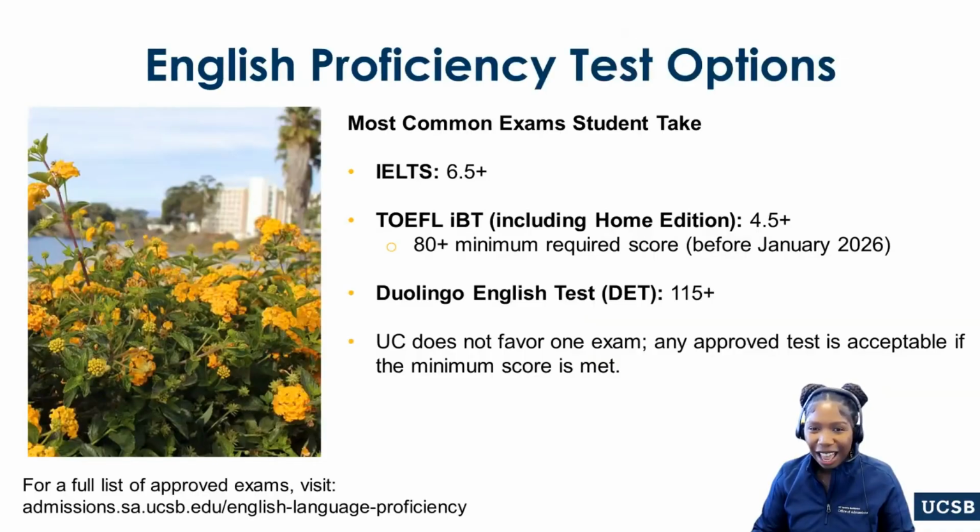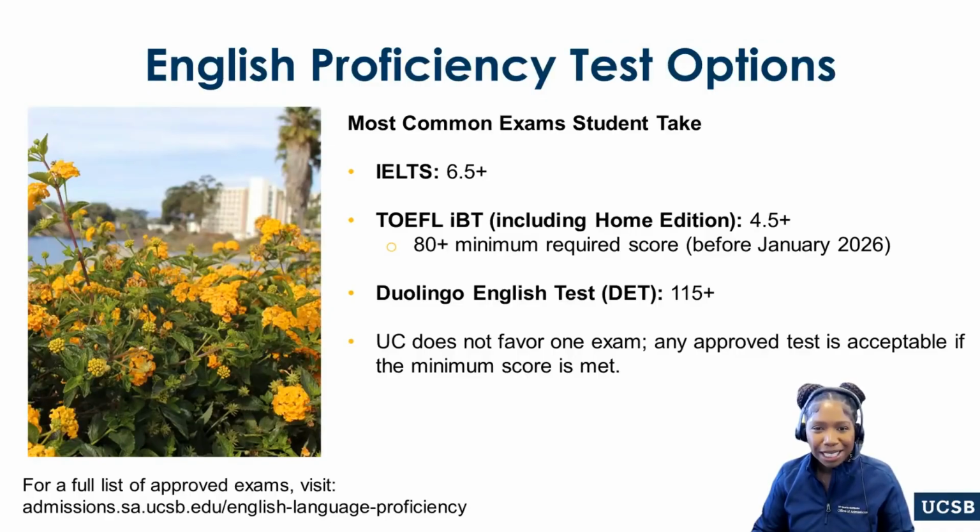Next, let's look at English proficiency test options available to applicants. The most common exams students take include the IELTS, the TOEFL iBT, or internet-based test, and the Duolingo English Test. For IELTS, a minimum score of 6.5 is required.